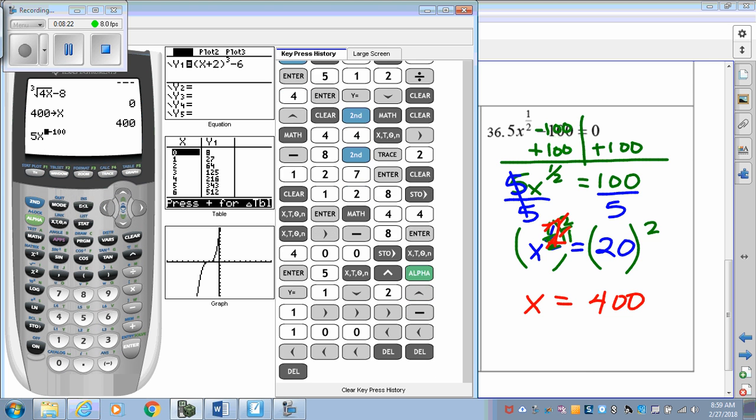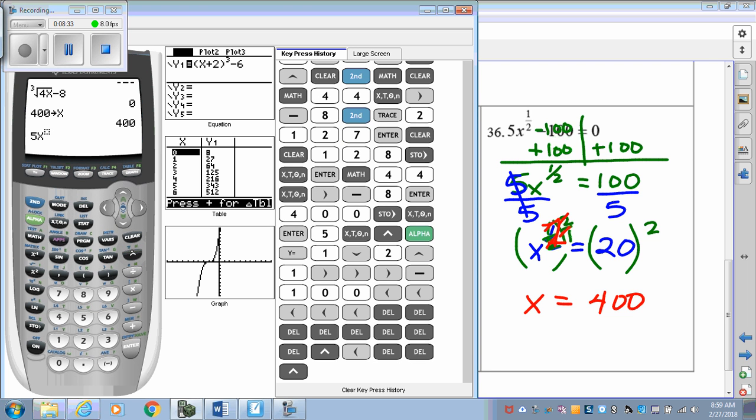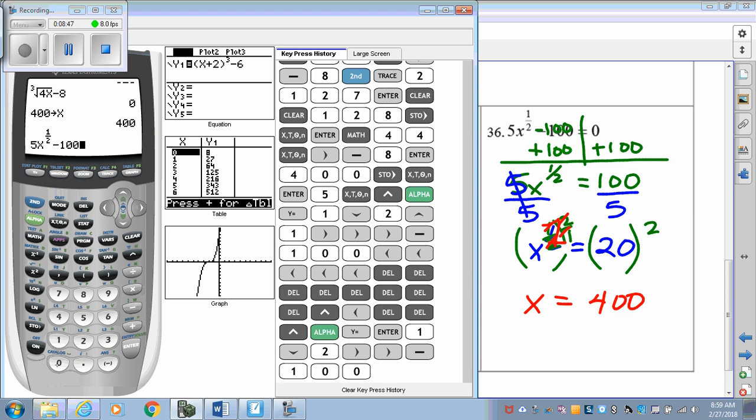Delete. Okay, try this again. Oh my goodness. Delete. Okay. So 1 over 2. Arrow over, and then arrow over again. There. Shoot. Minus 100. Okay, 5x to the 1/2 minus 100.